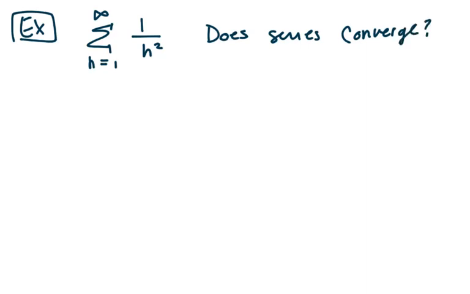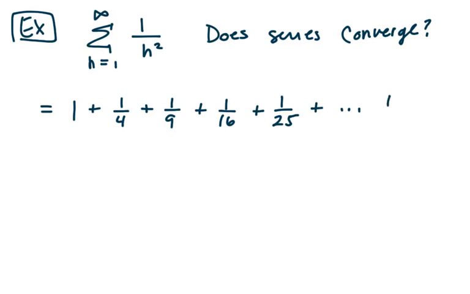So as we examine series, one of the first things we generally do is we start listing out the terms. So I've got 1 plus 1/4 plus 1/9. We can do this all day, all the way up to some 1 over n squared term, which we could continue adding because this is an infinite series.